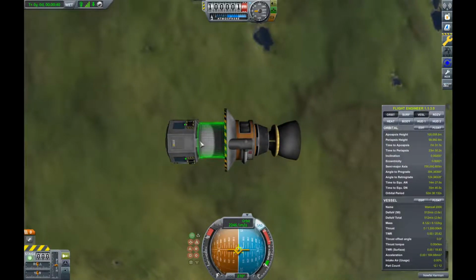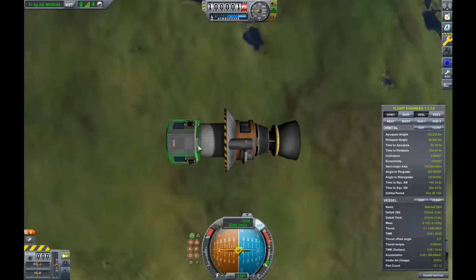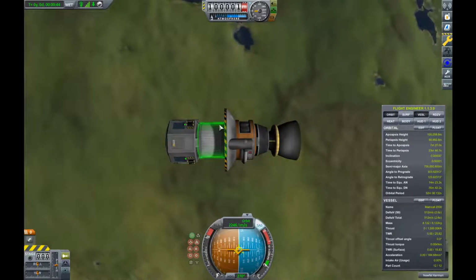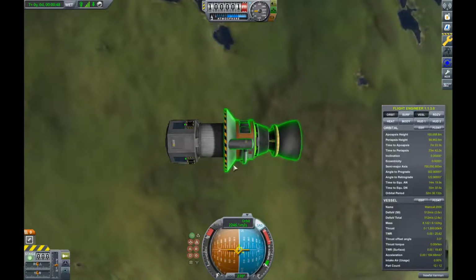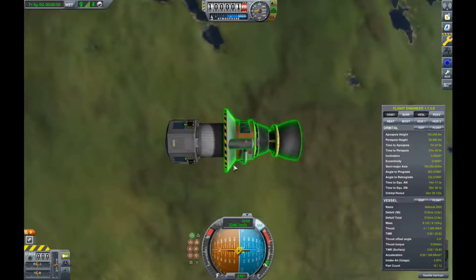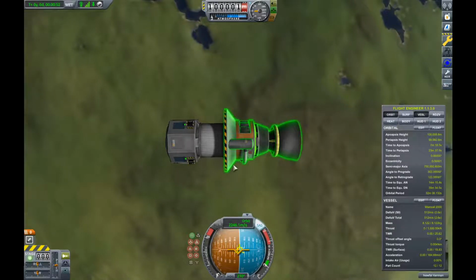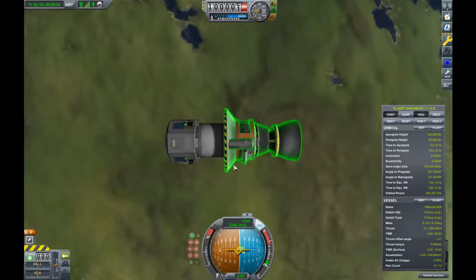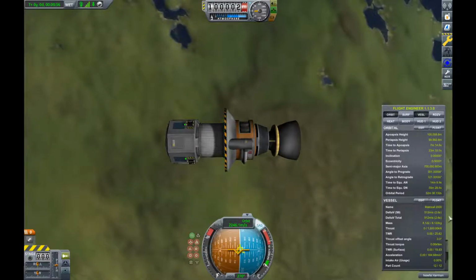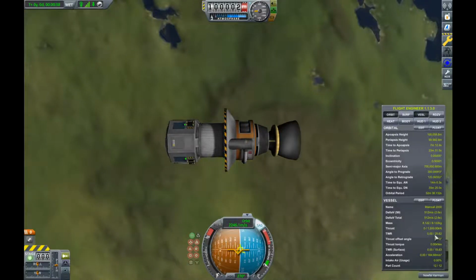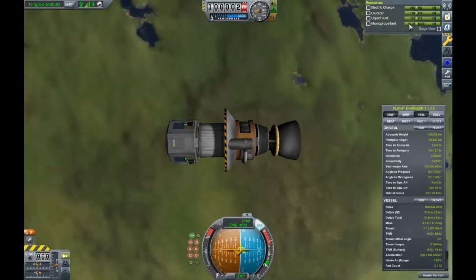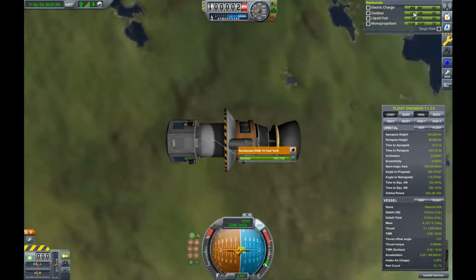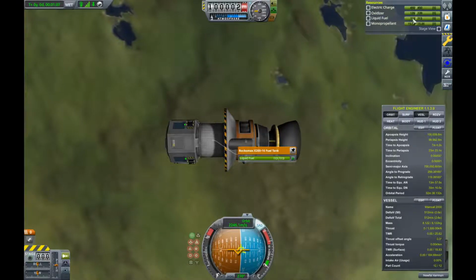If you'll recall, the previous one had a little bitty fuel tank, and the engine was about out to here. So this guy is so much bigger and so much bulkier, but it still has the same amount of delta V. So what we can also look at is the amount of oxidizer and liquid fuel that we have.